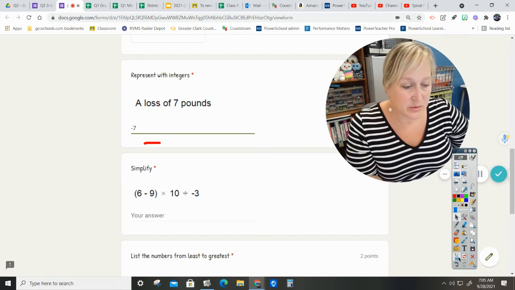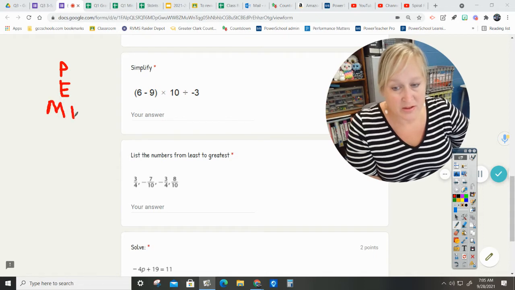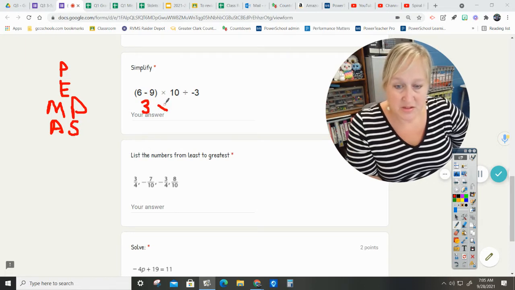Next thing that we will be doing is reviewing our order of operations. So I'm going to do this off to the side, and it is parentheses, exponents, multiply and divide from left to right, add and subtract from left to right. So I've got to do the parentheses first. That is 3 times 10 divided by 3.